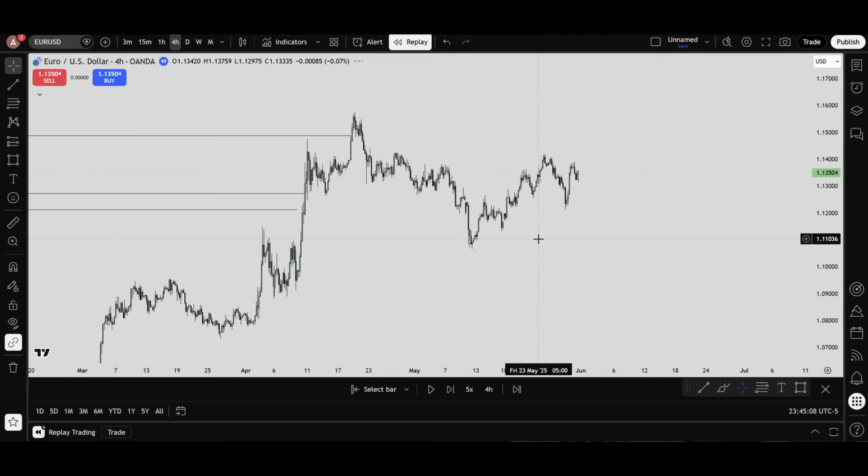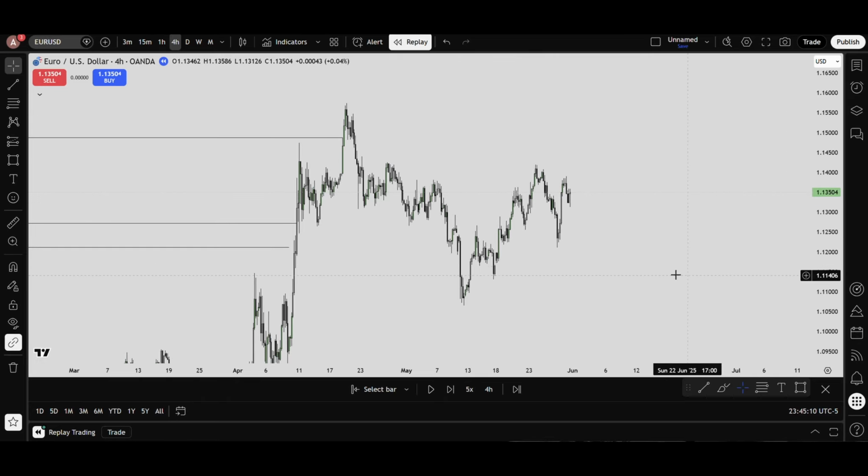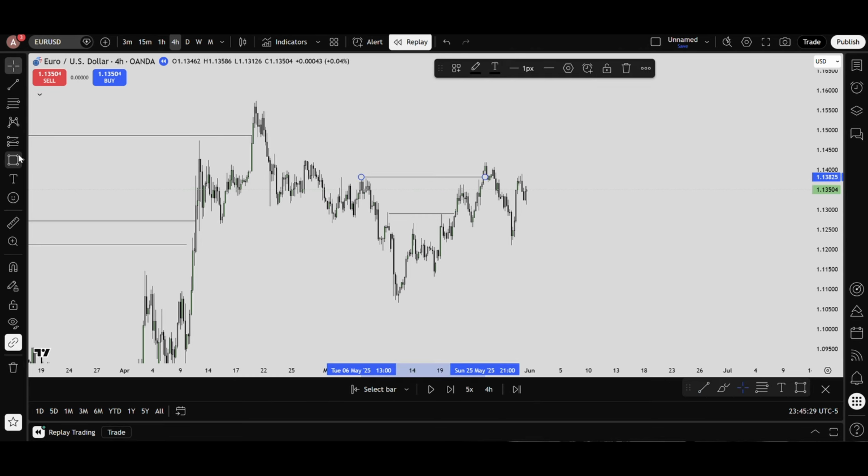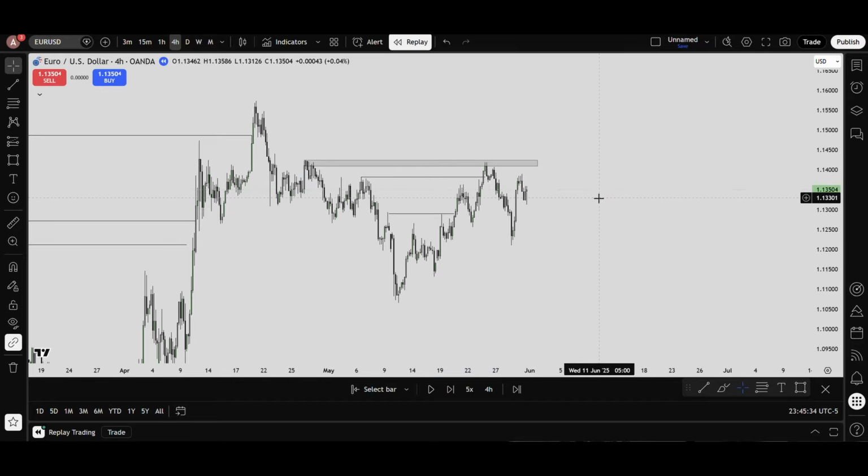So we are here, and I think we should focus more on this area right now because we get more details. And actually, we can see how price takes local liquidity above. This one over here, another one over here, and we receive some reaction at this zone over here. So yeah, and the price continues in the long direction, right?